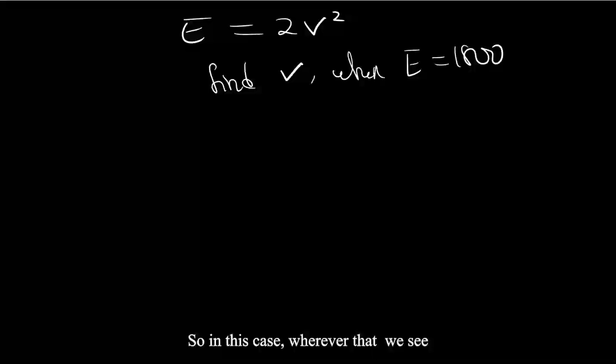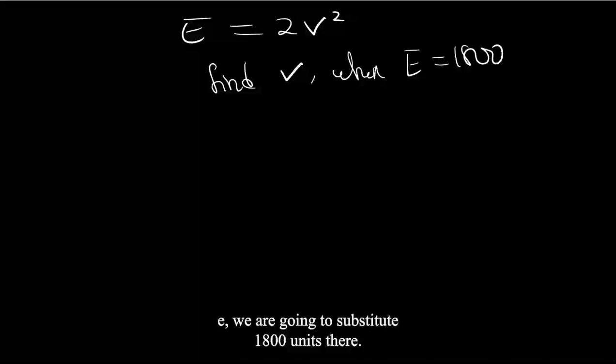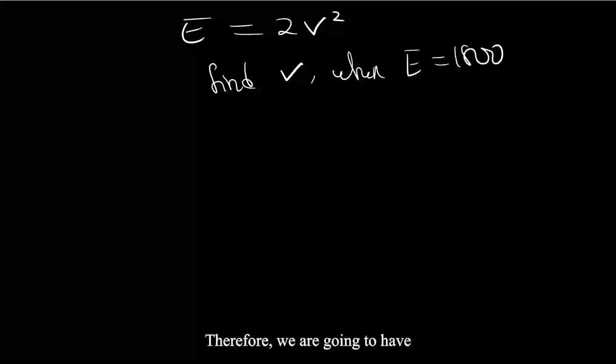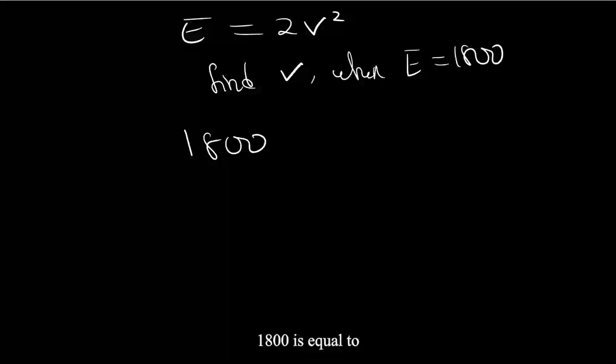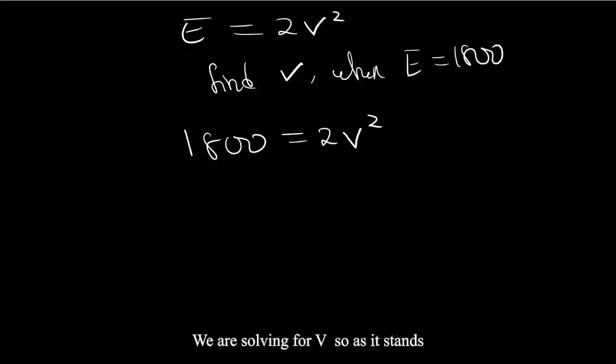So wherever we see E, we substitute 1,800 there. Therefore, we have 1,800 equal to 2V squared.